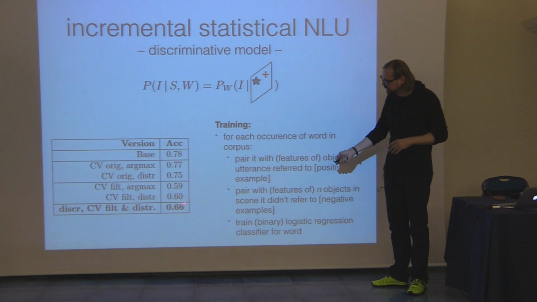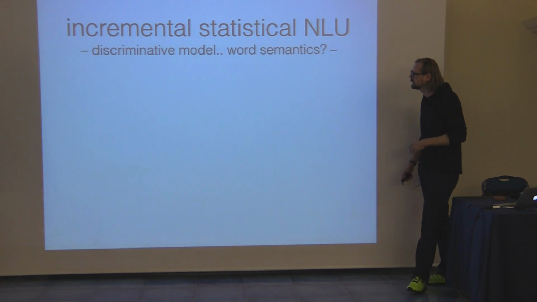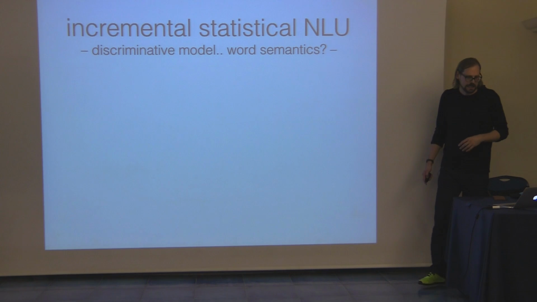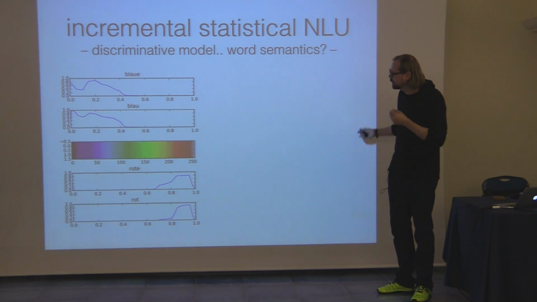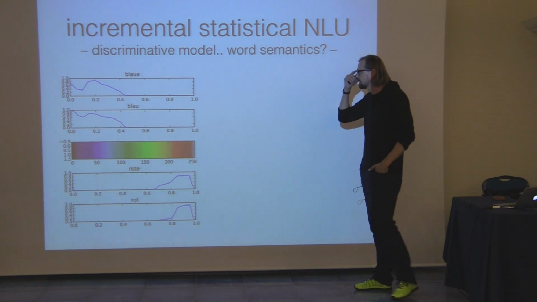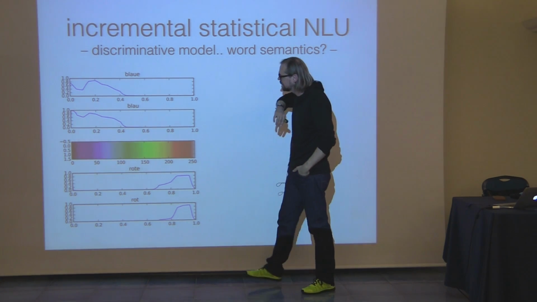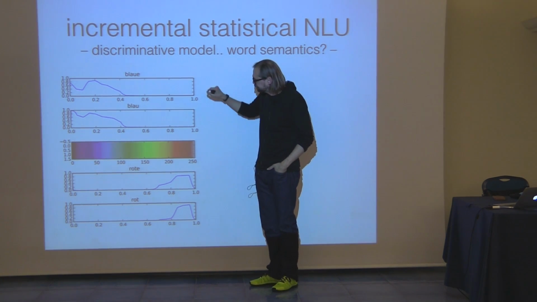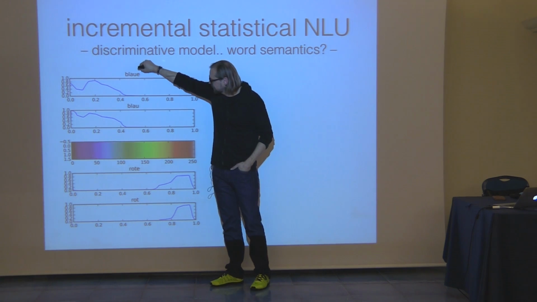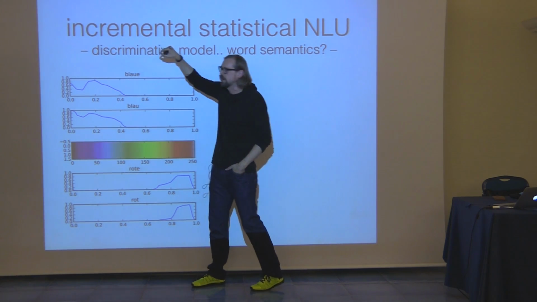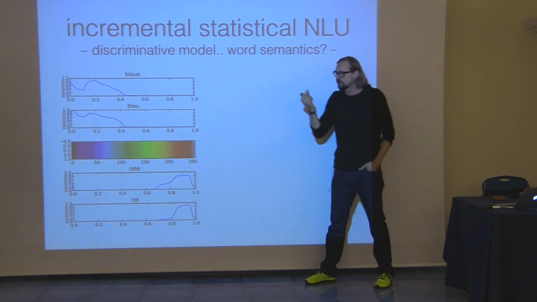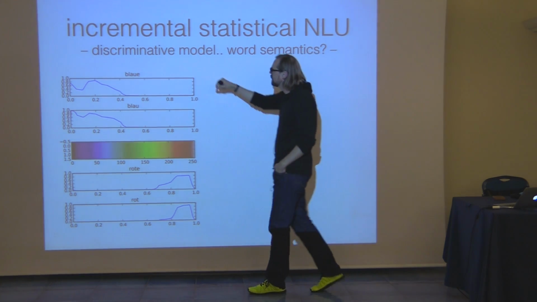Okay, it performs better than the other model, so that's nice, but the nice property is that we can plot it like this. So once we've trained these classifiers, here's the response of various classifiers for various words. So this is the classifier for the word blaue, blue in some declination.